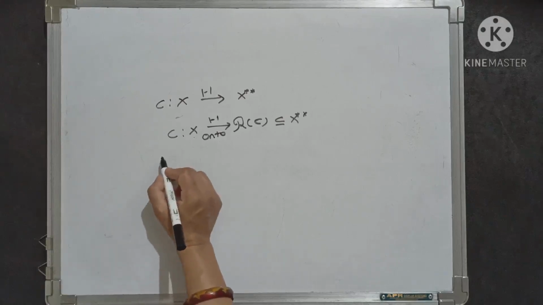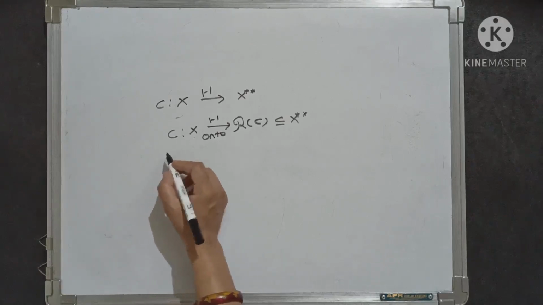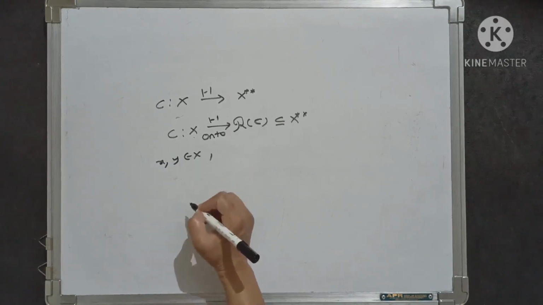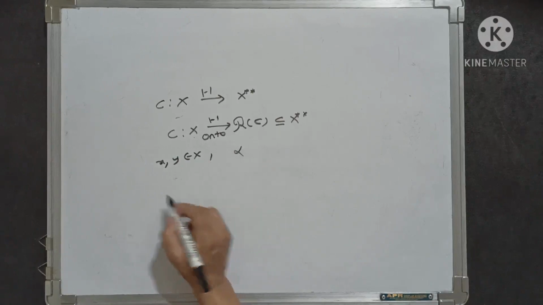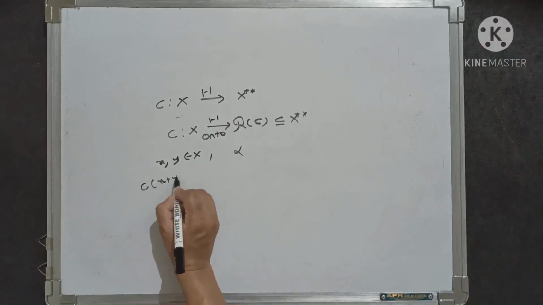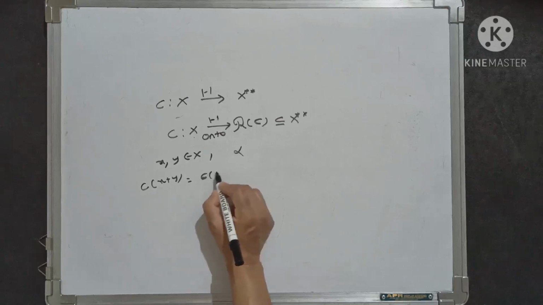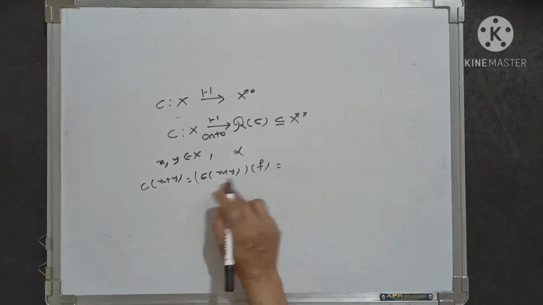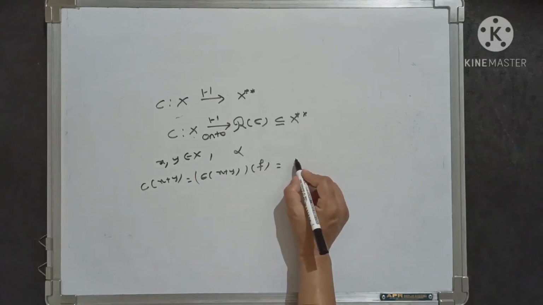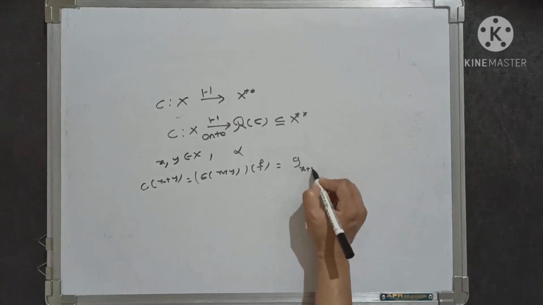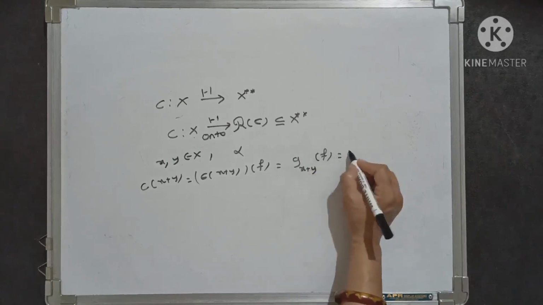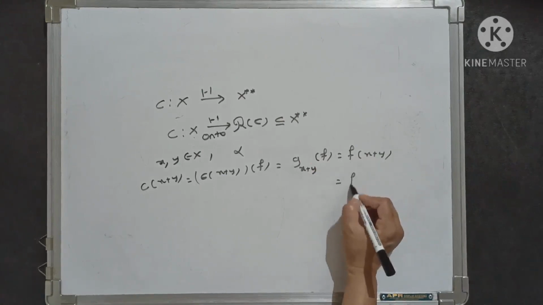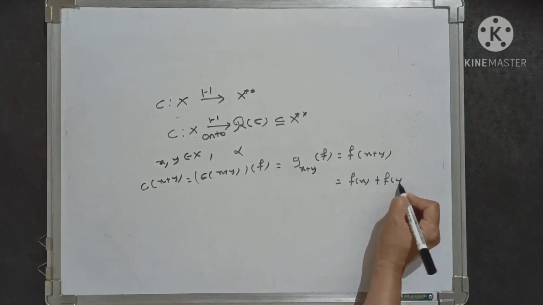For this, we are taking any two points of capital X. That means we take x, y belongs to capital X, and we take alpha to be any scalar. Then C of x plus y is equal to C of (x plus y) of f, and by using the definition, it is equal to g of (x plus y) of f. It is equal to f of (x plus y), and as f is linear, it is equal to f of x plus f of y.